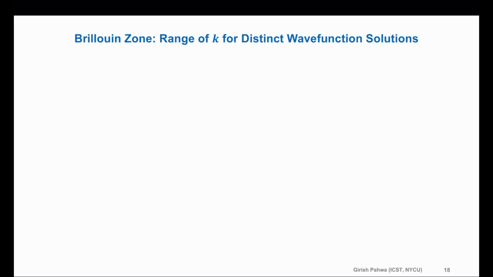Again, I am going to start from 1D, then 2D and 3D. I will simply show you the results; the derivation you can go through on your own. So for 1D, what do I have? I have two values of k which differ by a reciprocal lattice vector.